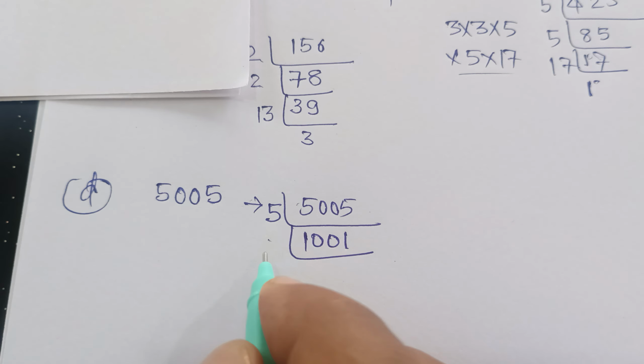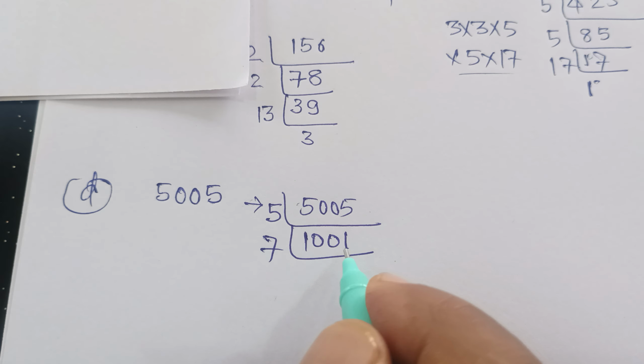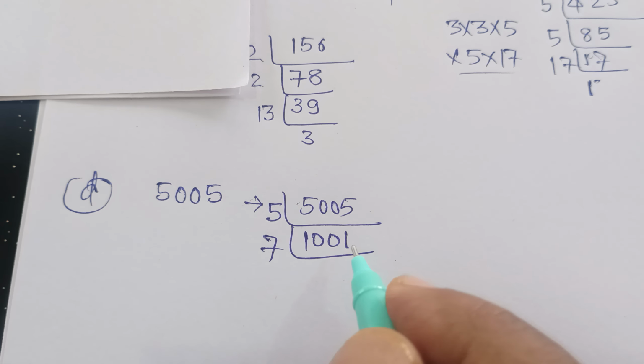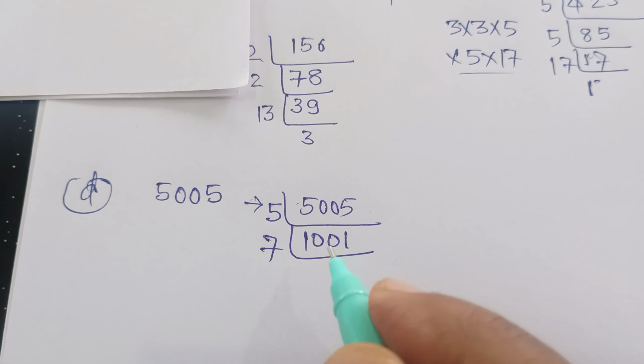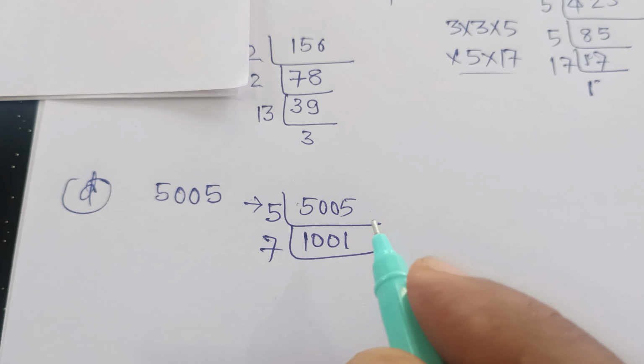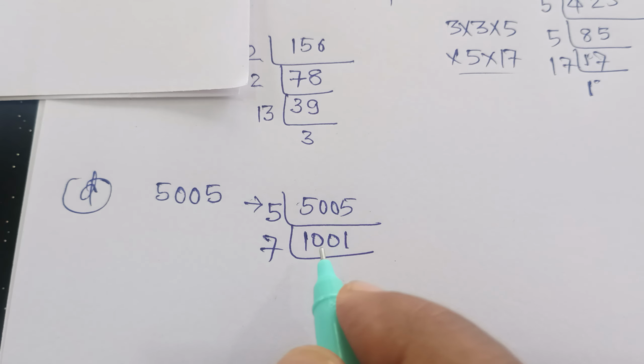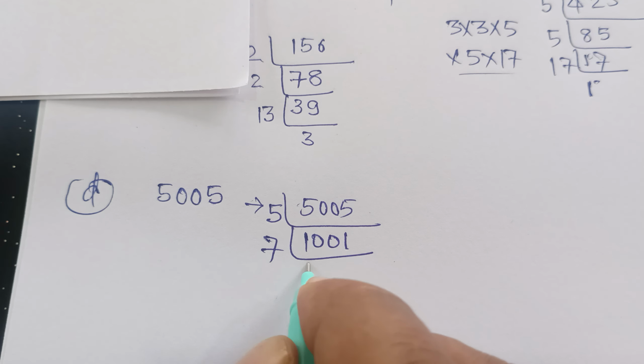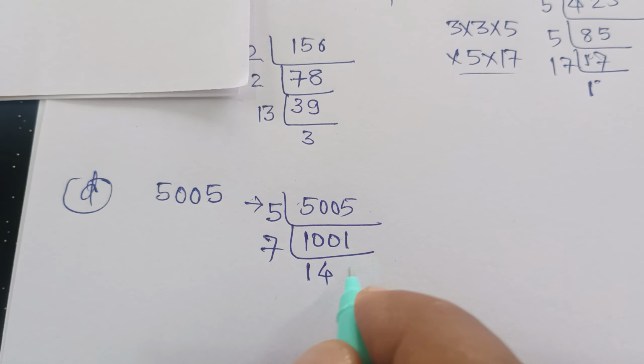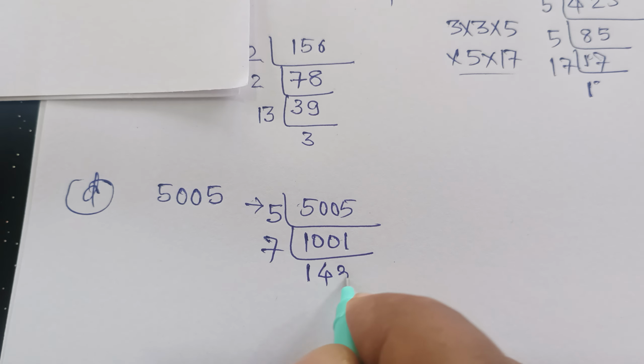Now you can start with 7, because you have to remember the 5 table will not come with 1 as the last digit. Any 5 table you start, anywhere you go, you won't find 1 as the last number. So you have to think it will come in the 3 table: 3 sevens are 21, 7 threes are 21, 9 nines are 81, like that. So here we have to start with 7. 7 ones are 7, 7 fours are 28, and it will be 21, 7 threes are 21.